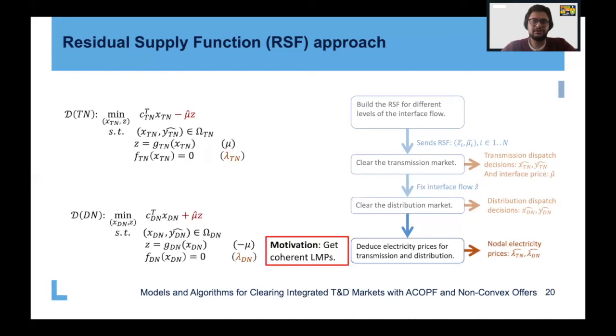And in order to be sure that we have coherent LMPs, we will resolve a transmission and a distribution problem where we now consider that the binaries are fixed, but dispatch decisions are not known, and we slightly correct the objective function by using the interface price that we computed. And this is the safest way to recover coherent LMPs.